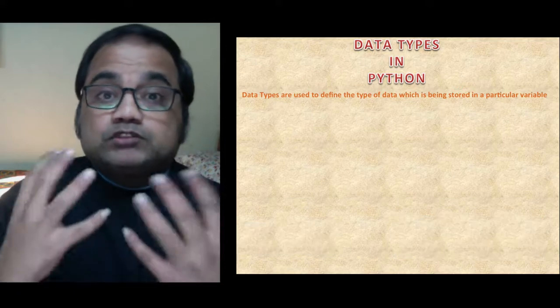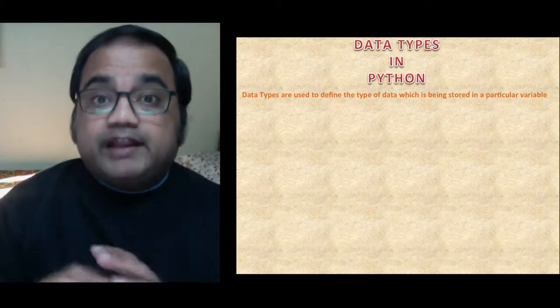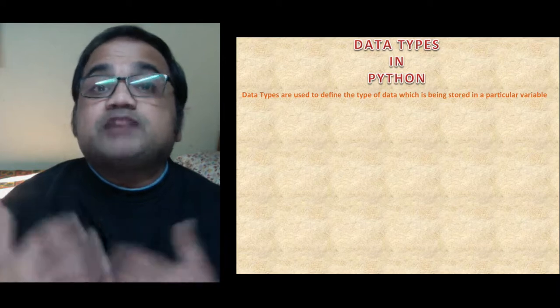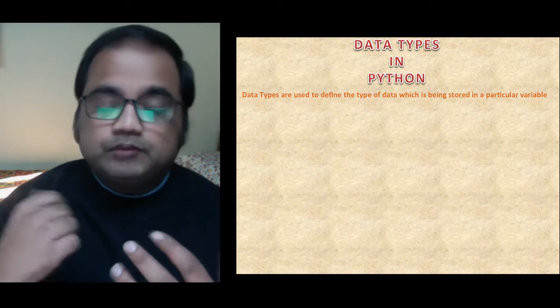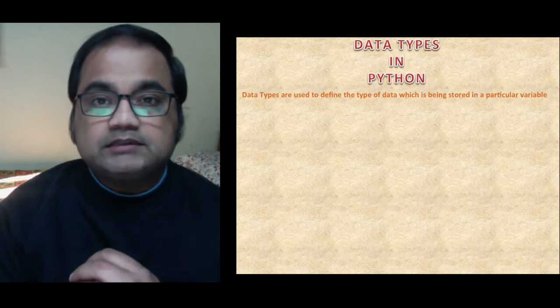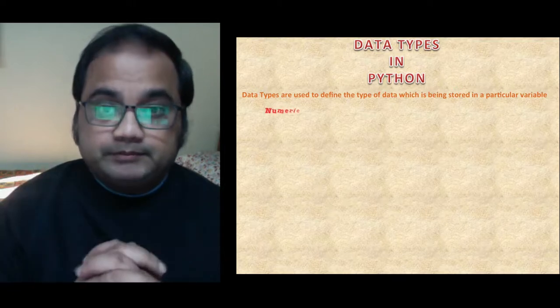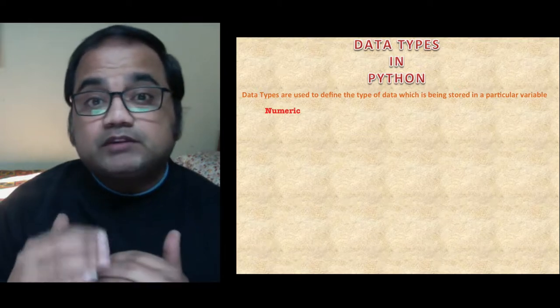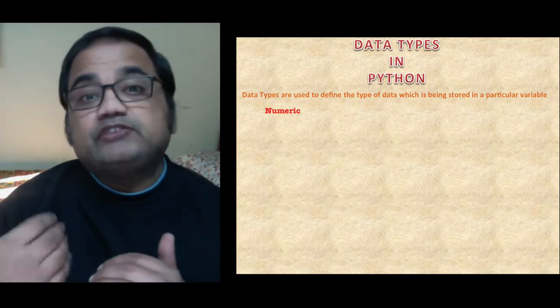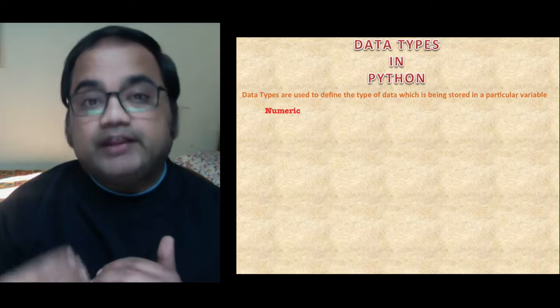Now, the types of data types, which data types do we have? What are the data types available in Python? The very first data type is numeric type. It is further divided into three types.